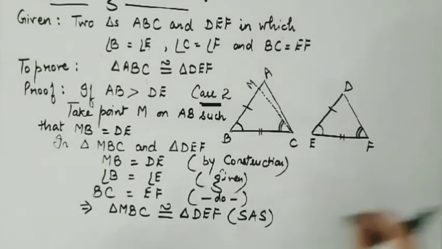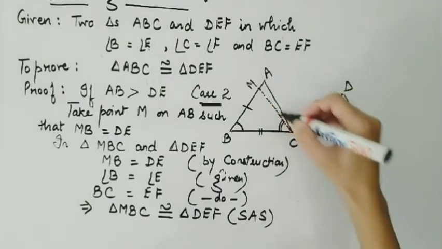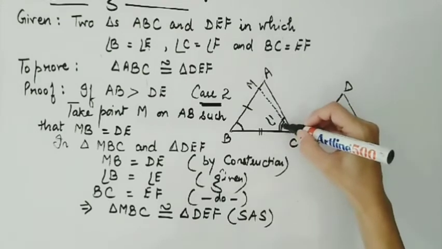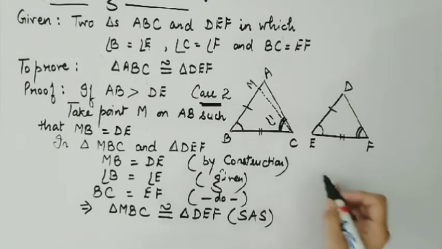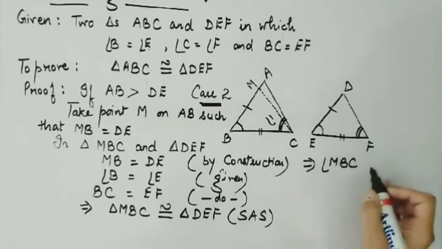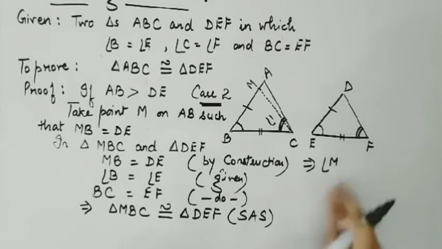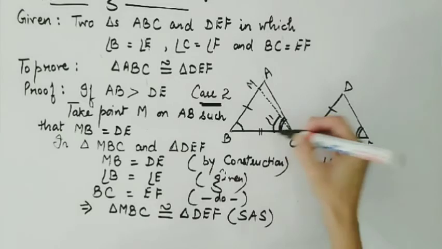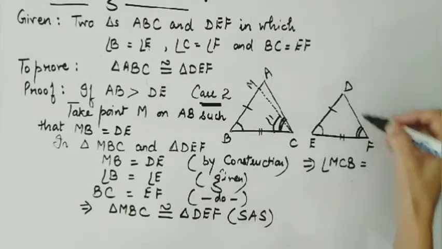Now if these triangles are congruent, this means angle MCB, let me mark this as angle 1, must be equal to DFE.